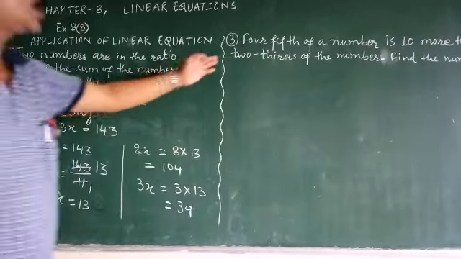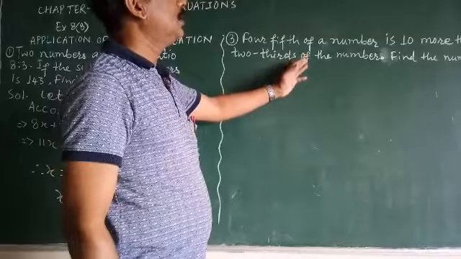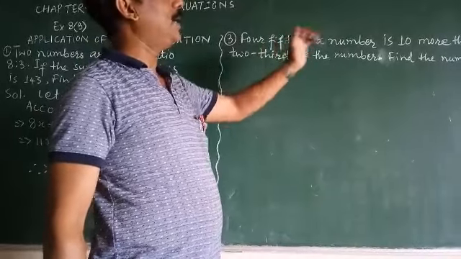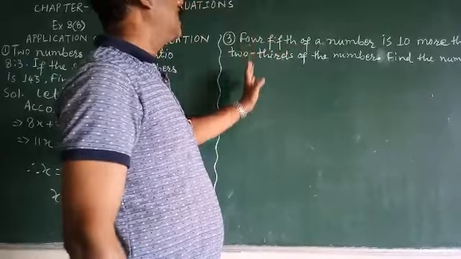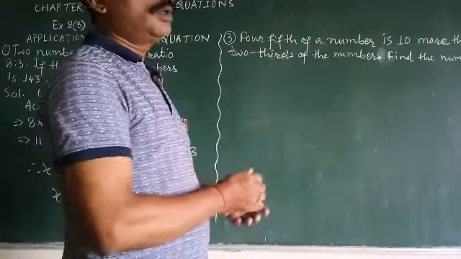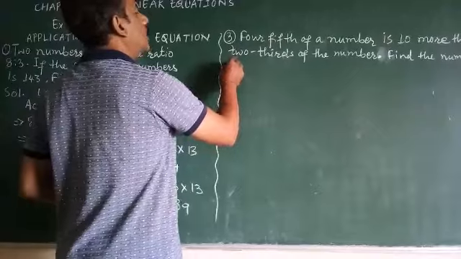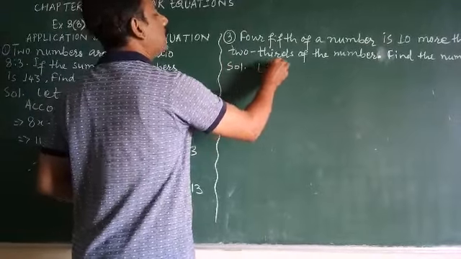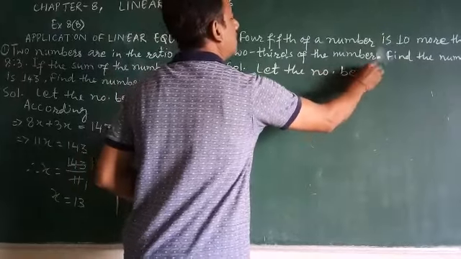Now the next question is question number 3. Here 4/5 of a number is 10 more than 2/3 of the number. We have to find the value of the number. Solution: let the number be x.